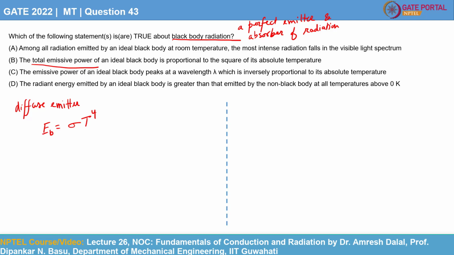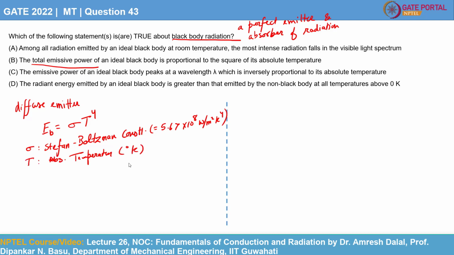Here sigma is the Stefan-Boltzmann constant, with a numerical value in watt per meter square Kelvin to the power 4. T is the absolute temperature in Kelvin, and this relation was theoretically verified by Ludwig Boltzmann. That's why it is known as the Stefan-Boltzmann law. Here E_B is known as black body emissive power.